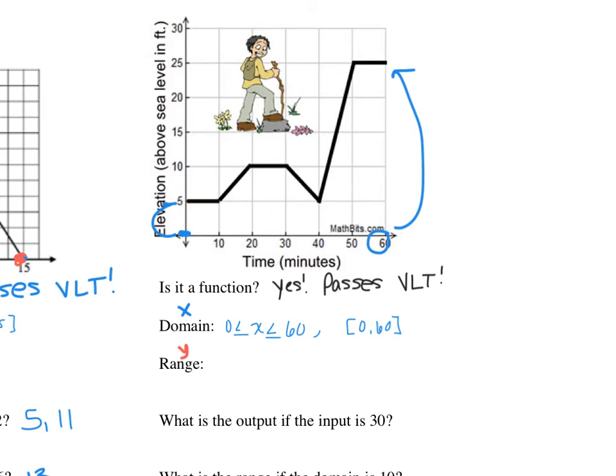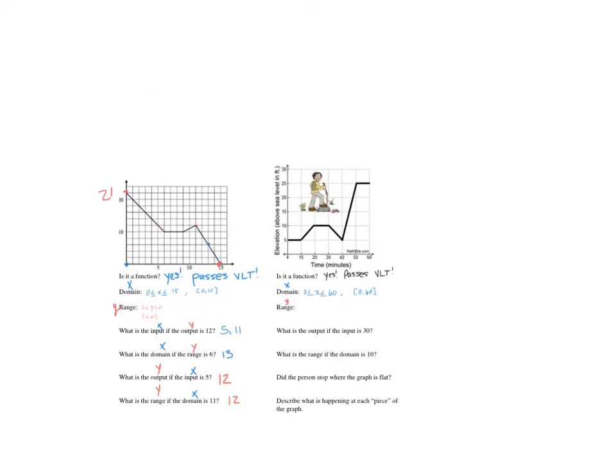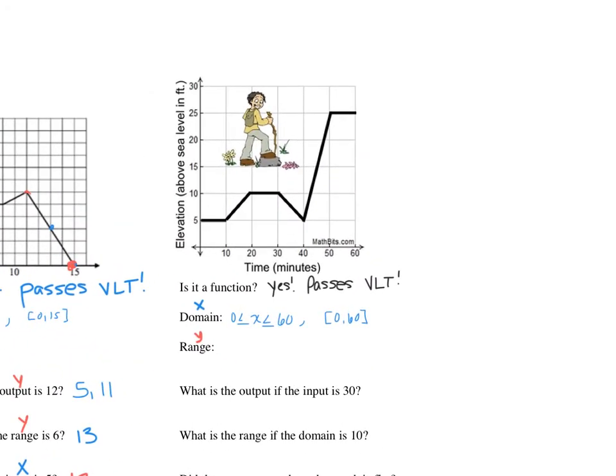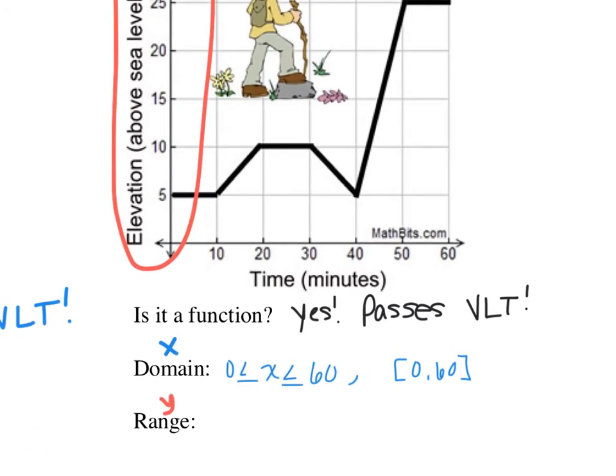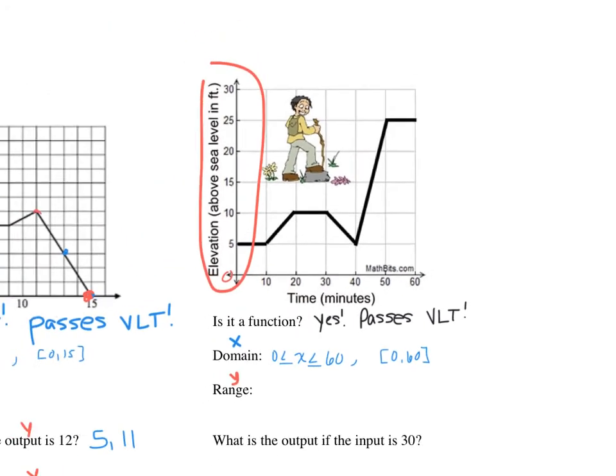My range is how low, so I'm going to erase my blue and now do some red. My range are my y values, so these are my y values, right here. So you would think that my range is 0 to something, but it's not because I don't have a y coordinate at 0.